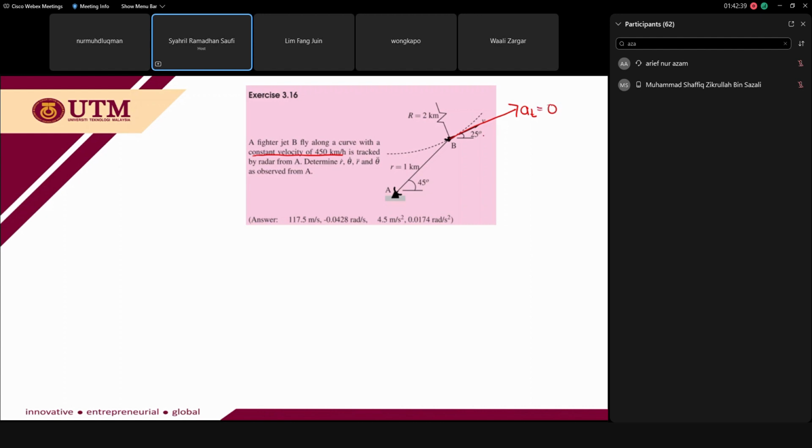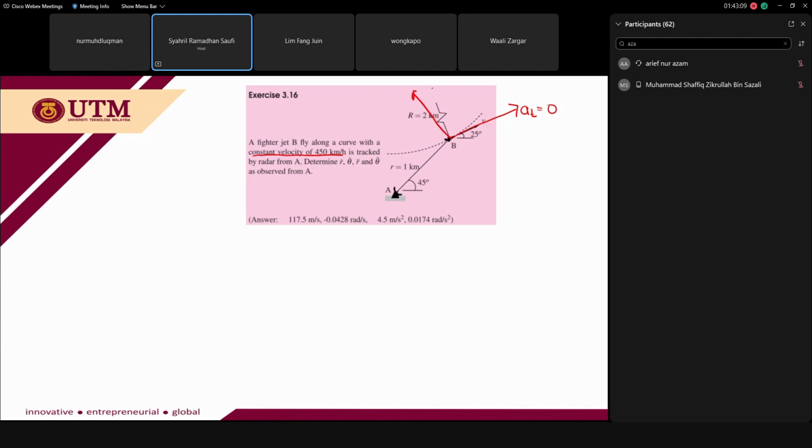Inward to the curve is acceleration normal. Because you don't have the information of acceleration here, you determine AR and A theta based on AT and AN.